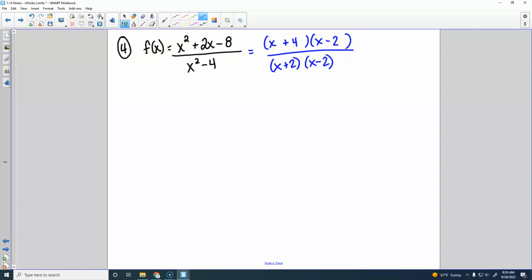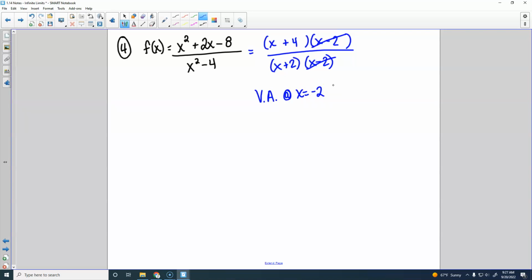This only asks us for vertical asymptote. So what do we have at x equals positive 2? At x equals positive 2, which would correspond to x minus 2 here, we've got a removable discontinuity, a hole in the graph. So we would only have a vertical asymptote at x equals negative 2.